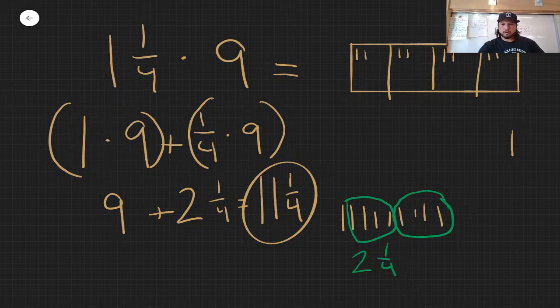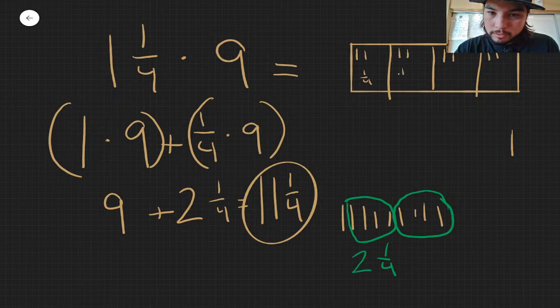How do I take this 1 and break it up into 4 groups so that I can make even groups? Yeah, I can just do 1 divided by 4, or 1/4.